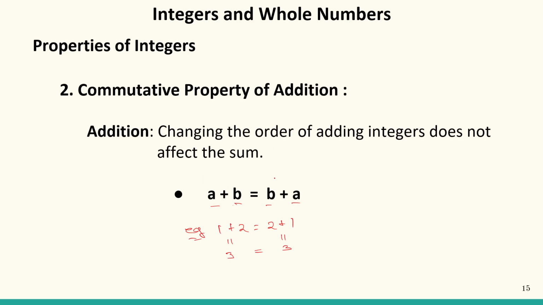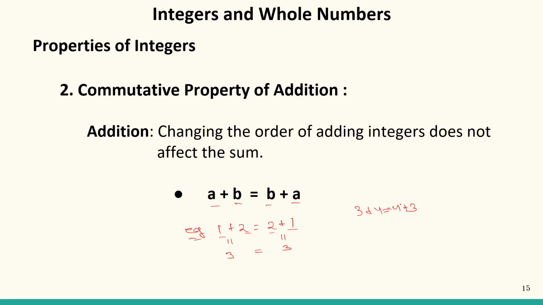So the commutative property of addition. The commutative property of addition tells us that if a is added to b, and b is added to a, they are the same. If we add 1 plus 2, then it is actually equal to 2 plus 1. Changing the order does not affect the sum. So 3 plus 4 is equal to 4 plus 3, and so on. We can get many examples for it.